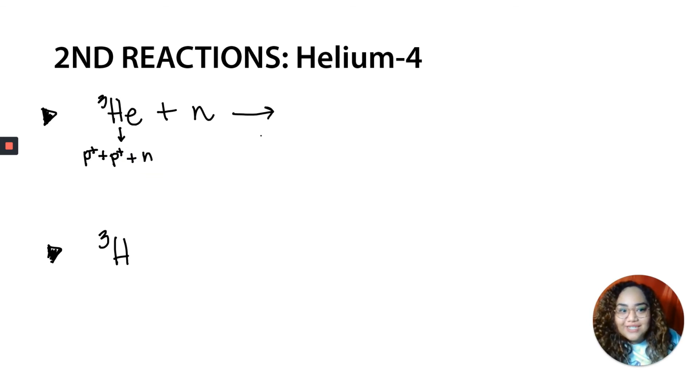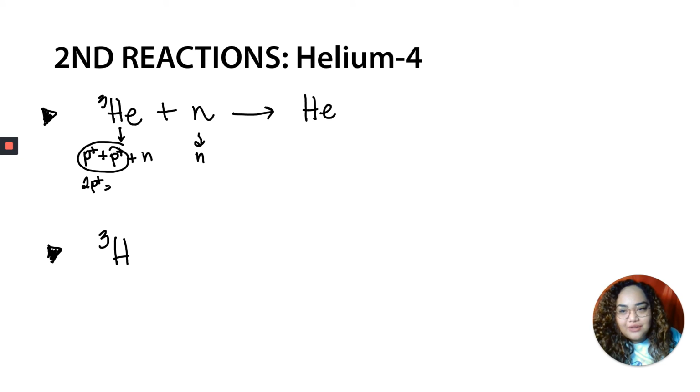You will get 2 protons and 2 neutrons. So you have 2 protons, and 2 protons is atomic number 2. What element is that? It's still the same. It's still helium.